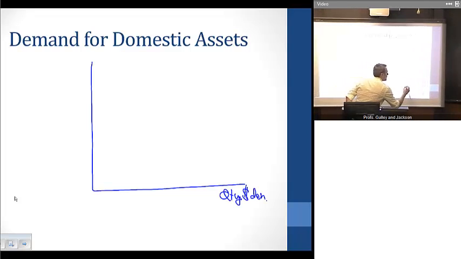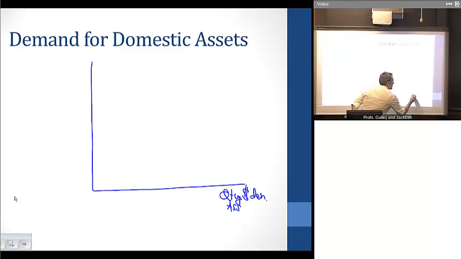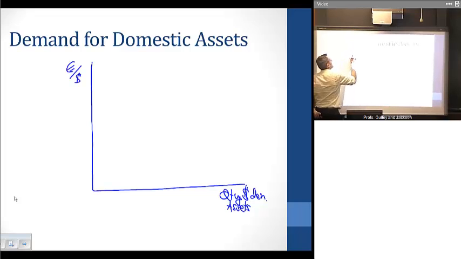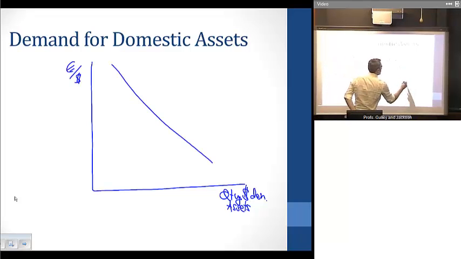we're thinking about the quantity of dollar-denominated assets. This is our domestic economy, and we're measuring the price of dollars in terms of the number of euros we get per dollar. And so, as I said, this demand curve is going to be downward sloping.